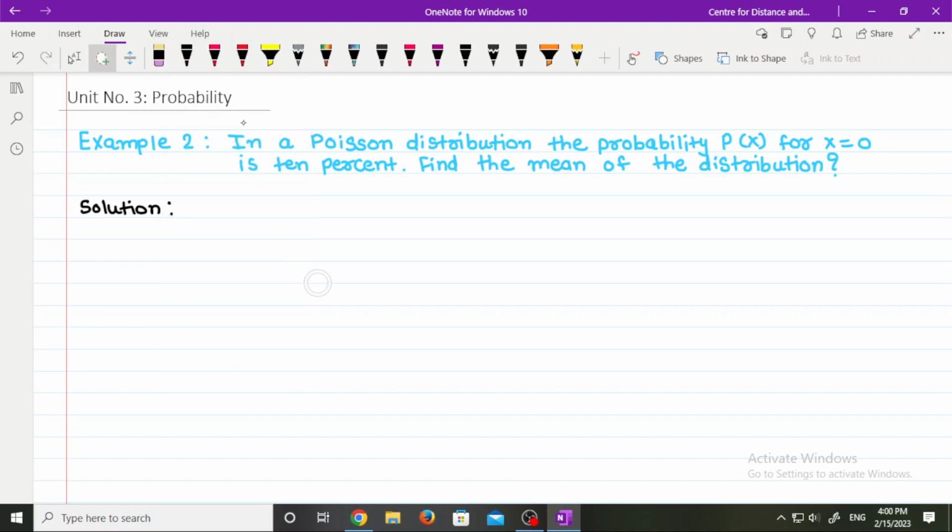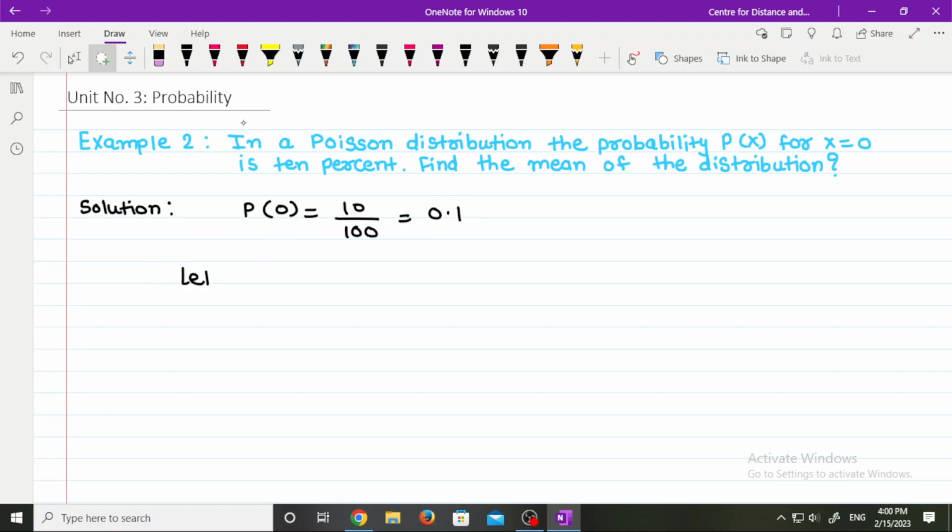First we write P(X = 0), that is, the value of x is 0, which is equal to 10%, that is 10 divided by 100, which is equal to 0.1. So here we get P(0) is equal to 0.1.